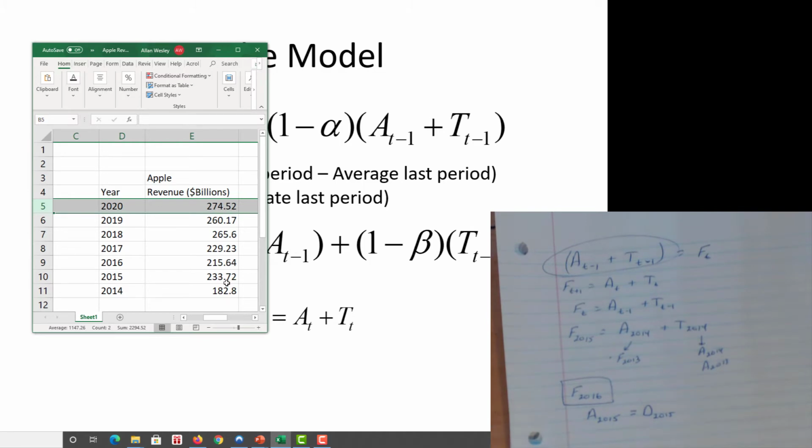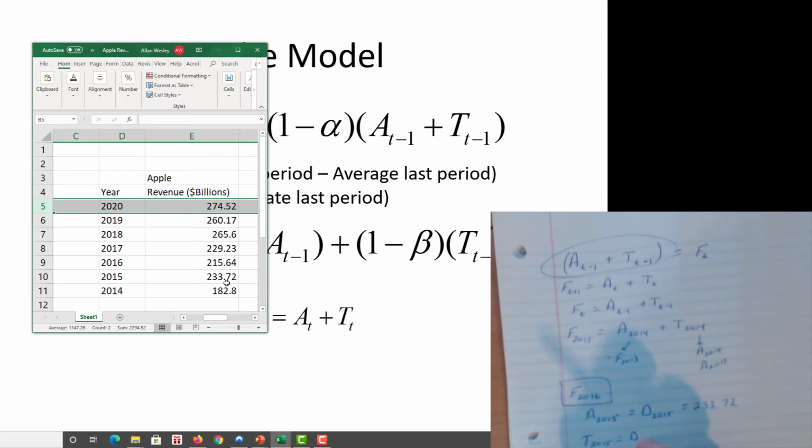I'm just trying to minimize how much of this we have to do for the trend. So again, there's judgment involved in this. We can make the average equal to the demand for 2015, which is 233.72. Our trend for 2015, we'll just make the difference in demand.